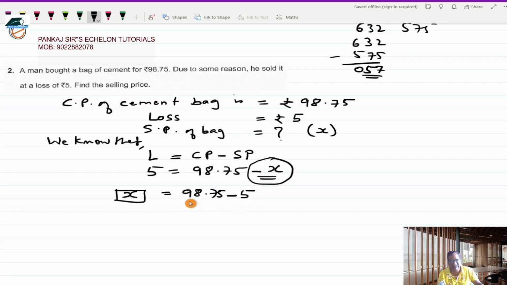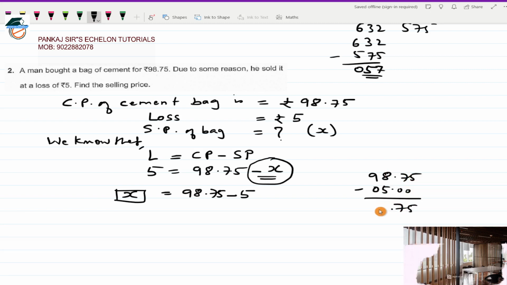Okay. Now I will do the working. 98.75 minus rupees 5.00. Now this is how you have to do the subtraction. Now 75 minus 00 will be 75 only. 8 minus 5 will be 3 over here, and 9 minus 0 will be 9. So the answer I'm getting is 93.75. So X will be equal to 93.75.